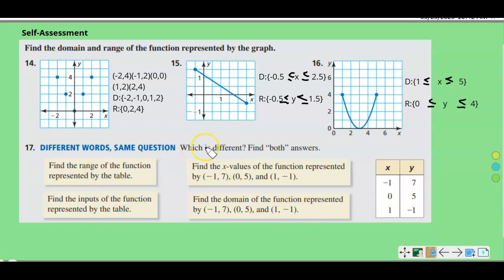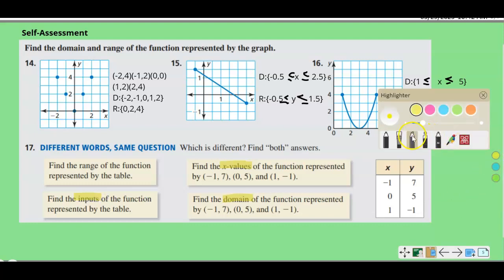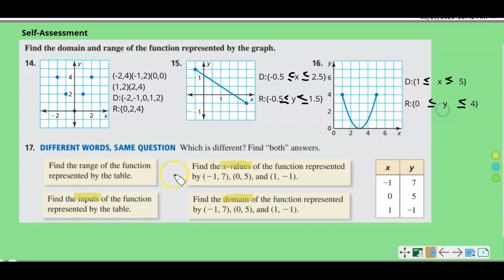So it says, which is different? All right, if you look, this one says x value. The x value represents your domain. Inputs represent your x values and your domain. So the one that would be different here would be the range, right?